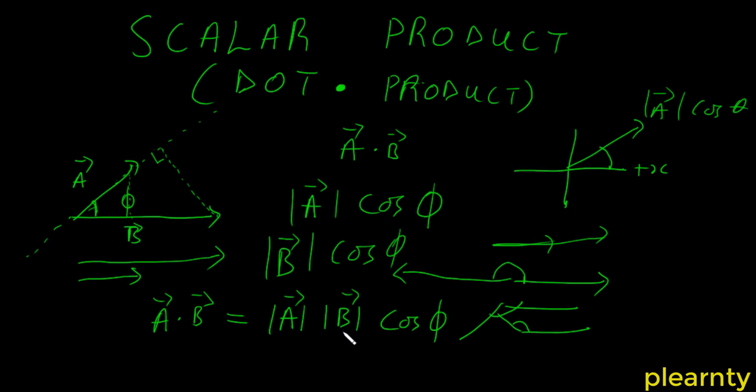Because once you look for cos phi, you have what B would be on A axis. Now multiply it by A, you have A dot B.